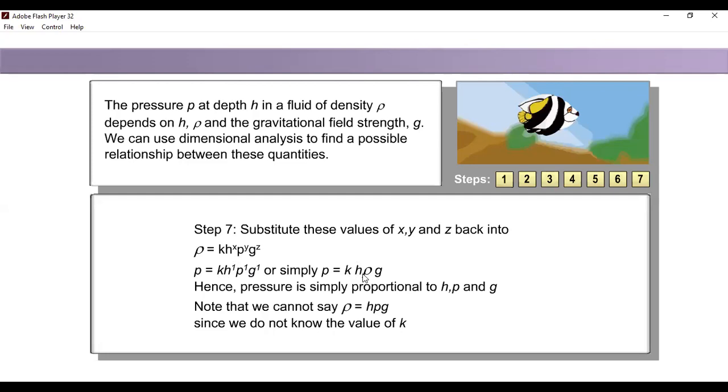So at the end, P equal to h rho g. Where k from the equation, we didn't get any constant. So at the end, P equal to rho g h.